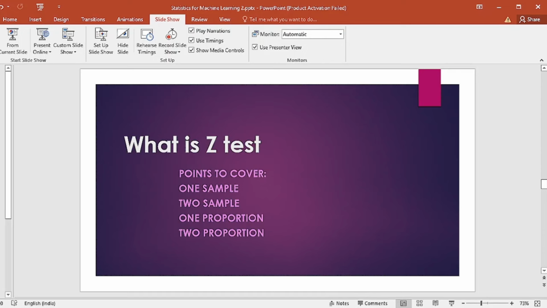Types of z-test are one sample z-test. It is used to check if there is a difference between the sample mean and the population mean when the population standard deviation is known. Two sample z-test is used to check if there is a difference between means of two samples.